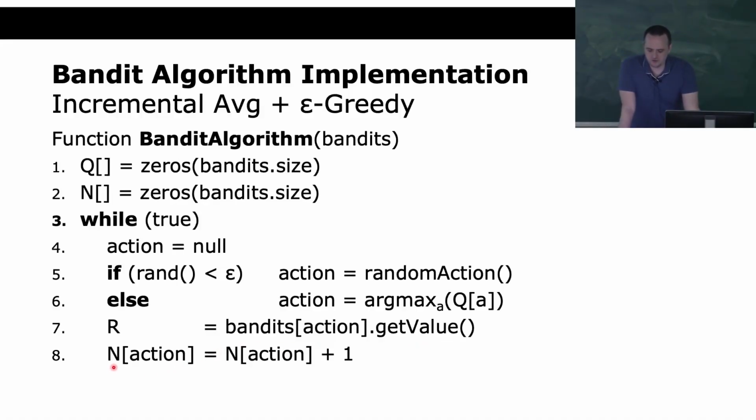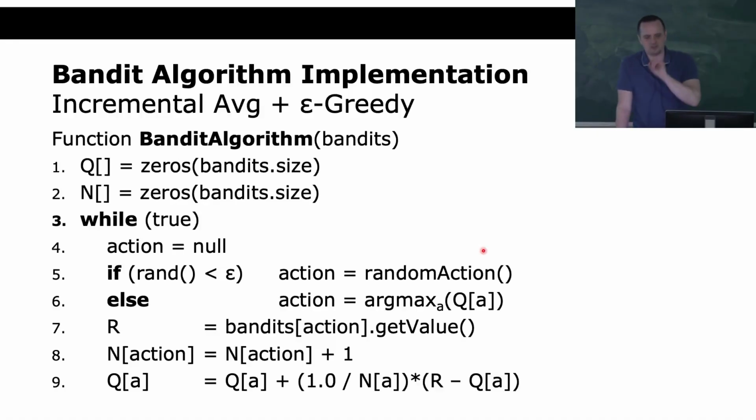Then the other thing that I have to do is update the number of times that I've performed that action, right? So N of action equals N of action plus 1. And the very last thing I have to do is that update rule. Now, when I talked about the update rule mathematically, you have Q k plus 1 was equal to Q k and so on. But when we actually implement this in code, you don't have access to Q k and Q k plus 1.